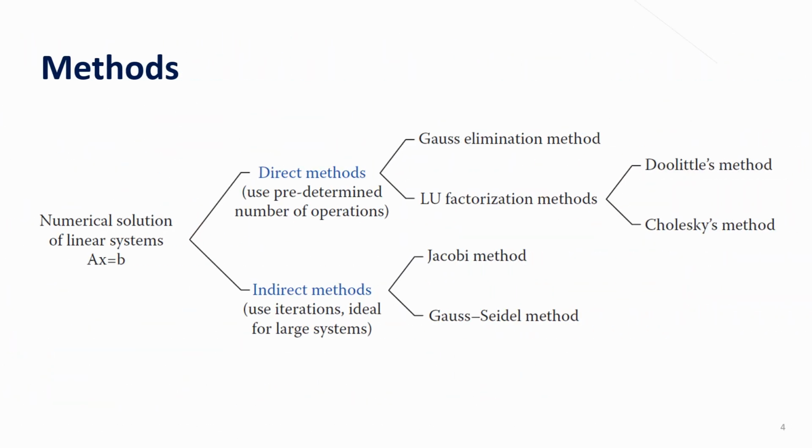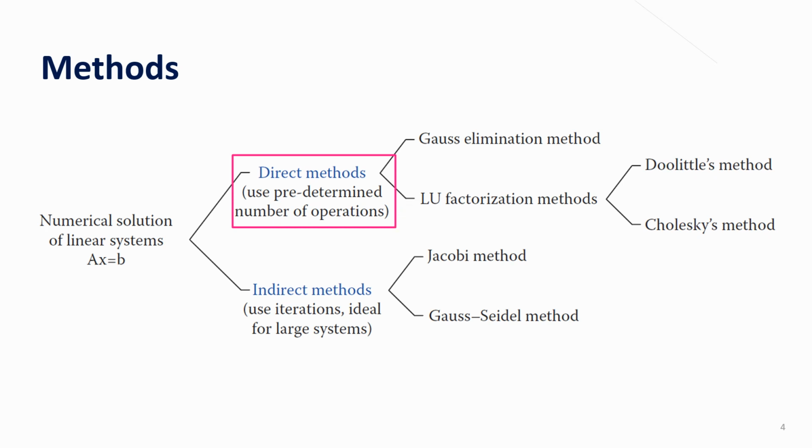Next, okay, there are several methods which we can use to solve system of linear equations, and basically they are divided into two categories, which are called the direct methods as well as indirect methods. Direct methods compute the solutions by performing some predetermined operations.